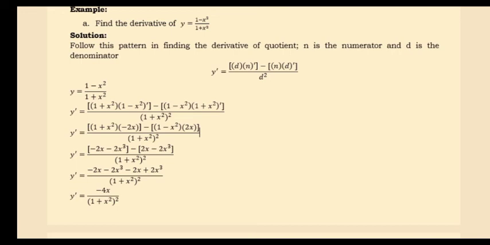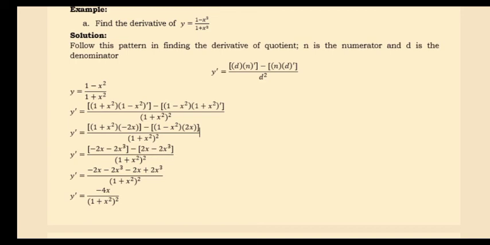So y prime is equal to 1 plus x squared times negative 2x, that is the derivative of our numerator, minus 1 minus x squared times 2x, that is also the derivative of our denominator, all over the quantity 1 plus x squared squared.